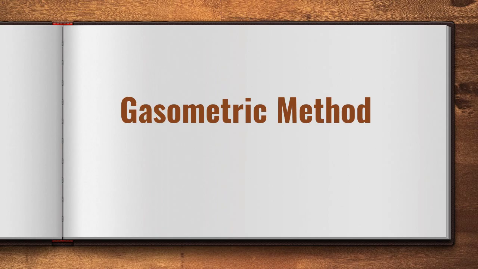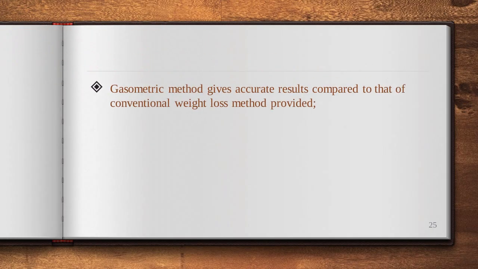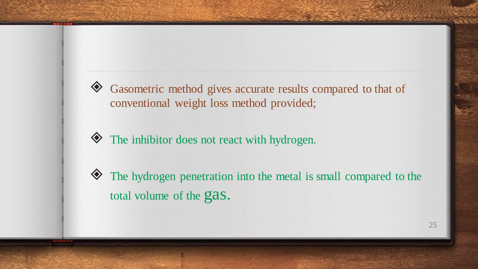Now let us see the gasometric method. Gasometric method gives accurate results compared to that of the conventional weight loss method, provided the inhibitor does not react with hydrogen, and the hydrogen penetration into the metal is small compared to the total volume of the gas.